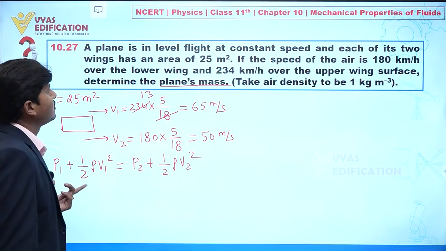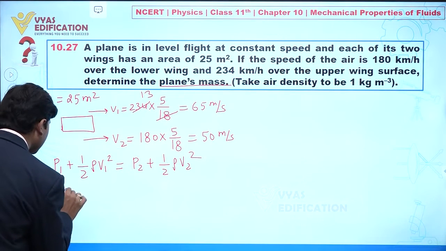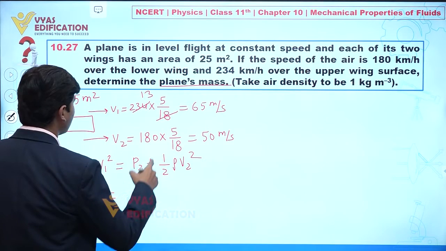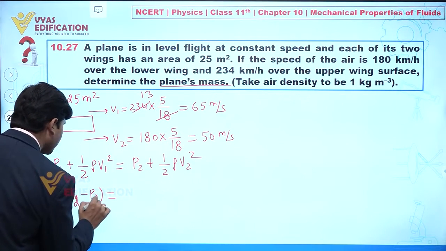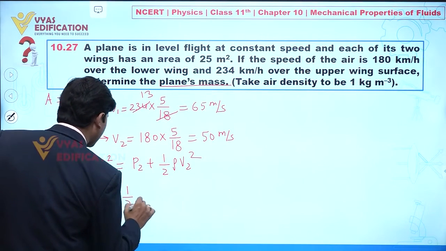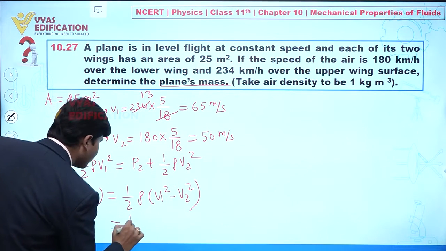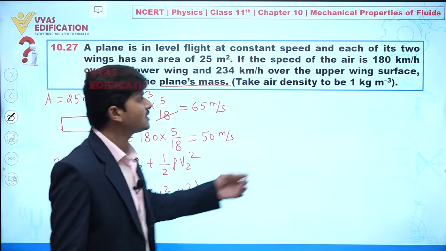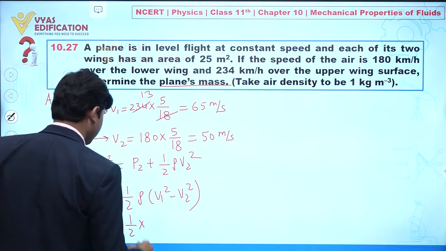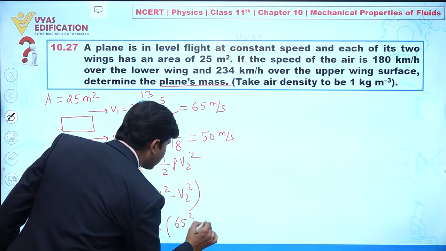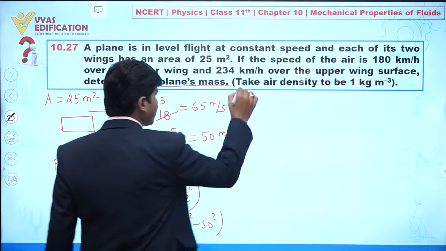Now P1 minus P2, or you can also write P2 minus P1, this should be equal to 1 by 2 rho into V1 square minus V2 square. So from here, 1 by 2 into the density of air, we are taking that as 1, so 1 multiplied by 65 square minus 50 square, clear to you.